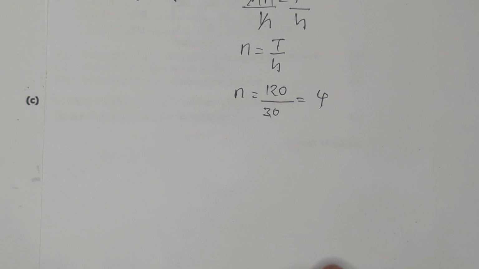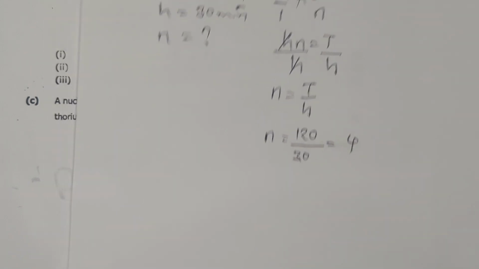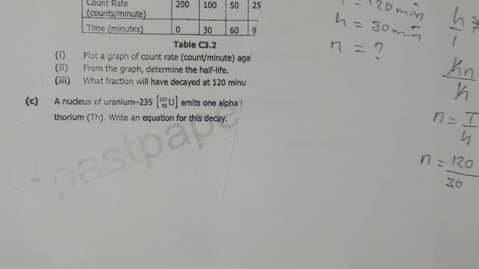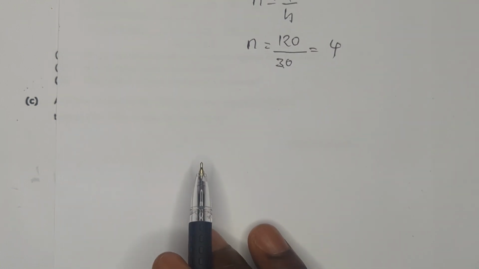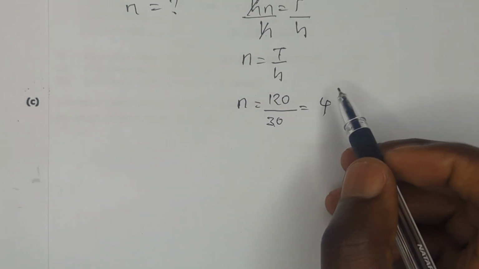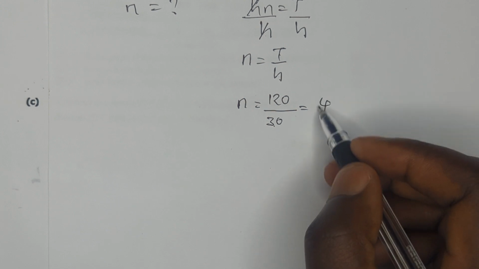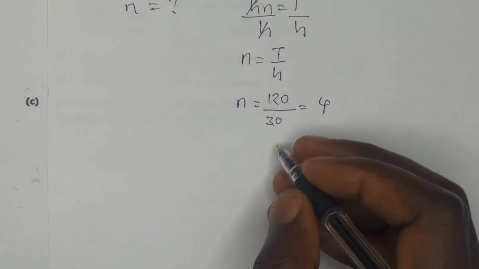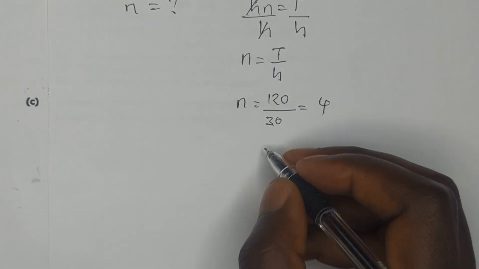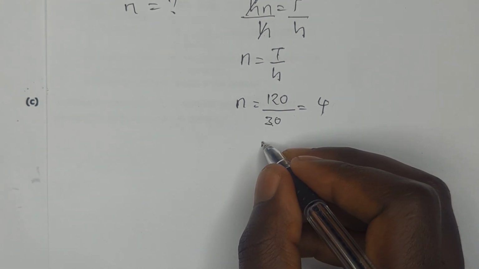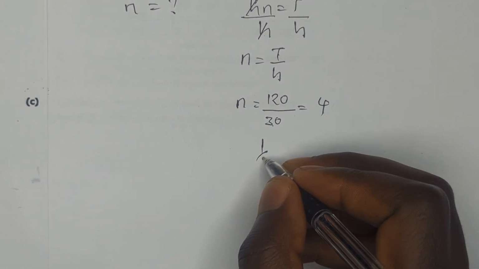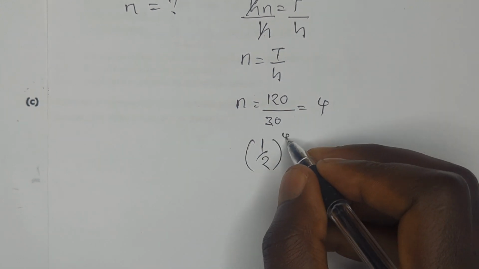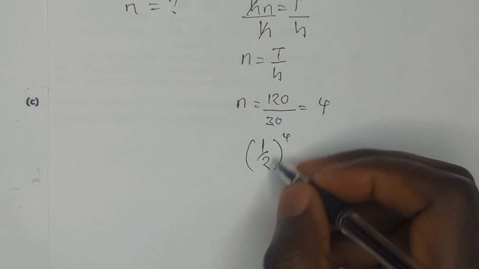Now, when they ask you to find the fraction, what fraction will have decayed at 120 minutes? Now, having found the number of disintegration, we are going to put this 4 as the power to this half, which is the fraction.